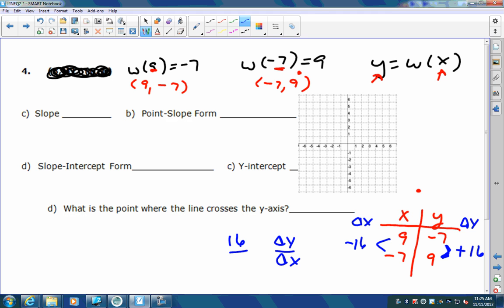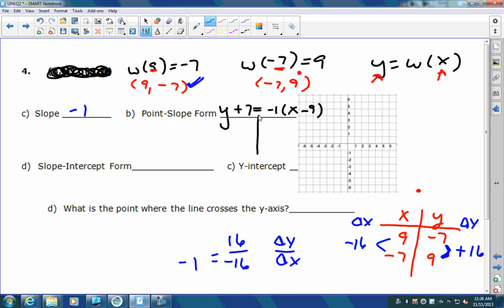So I have 16 over negative 16. When you divide that, that's negative 1. That's your slope. With your point slope formula, it doesn't matter which one you use. I'll use this one right here, that I put a check mark by. I have y minus... now, the y number is negative, so it changes to positive 7 equals slope negative 1 times x minus 9.